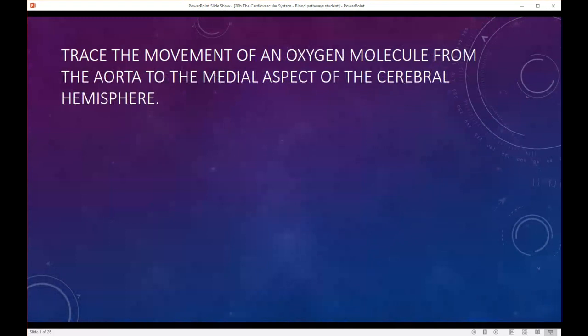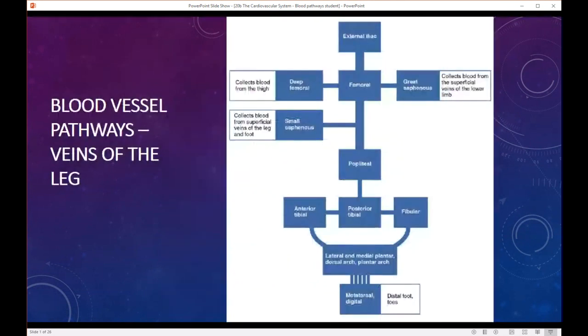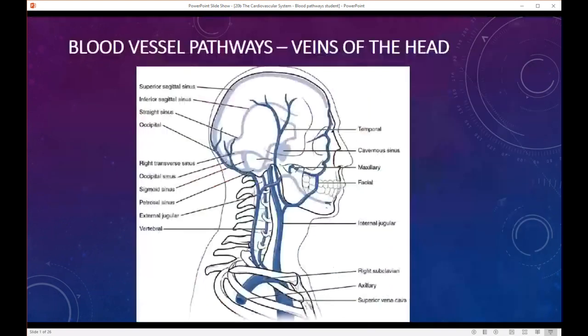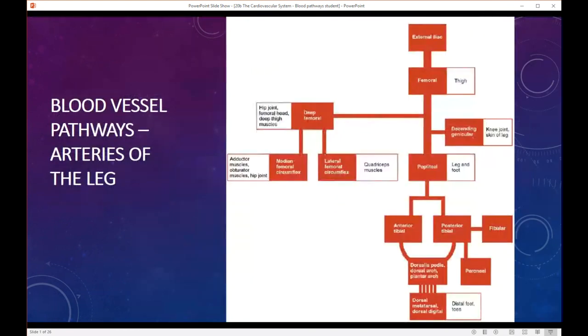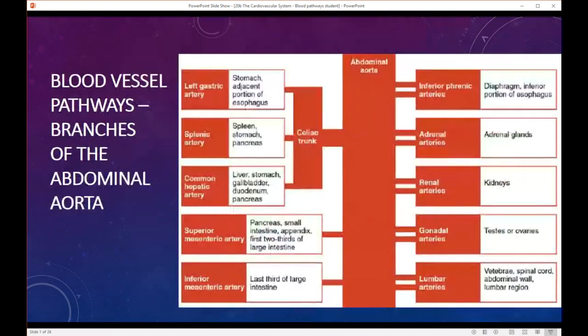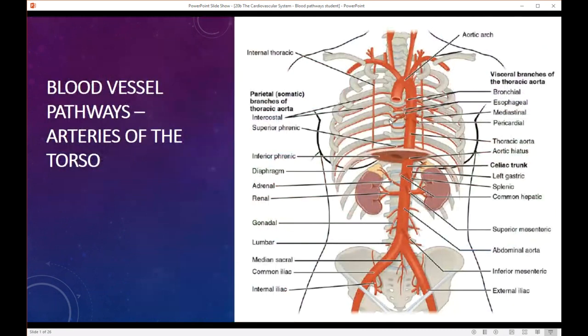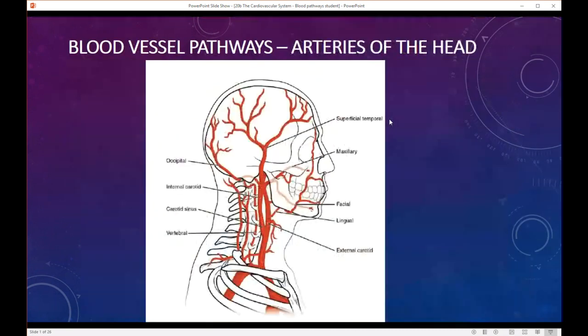Okay. The movement of an oxygen molecule from the aorta to the medial aspect of the cerebral hemisphere. The cerebral hemisphere is, hopefully you know this, in your brain, right? So if we come out the aorta, we have to be able to get to the cerebral hemisphere. You have 2 options here because we're going through the center of the brain, right? And so when we come up, we can come through the common carotid.